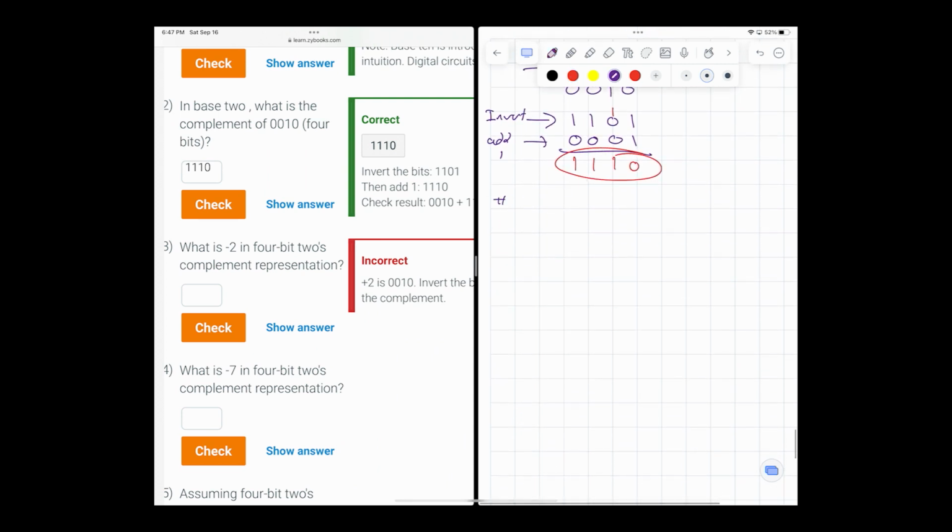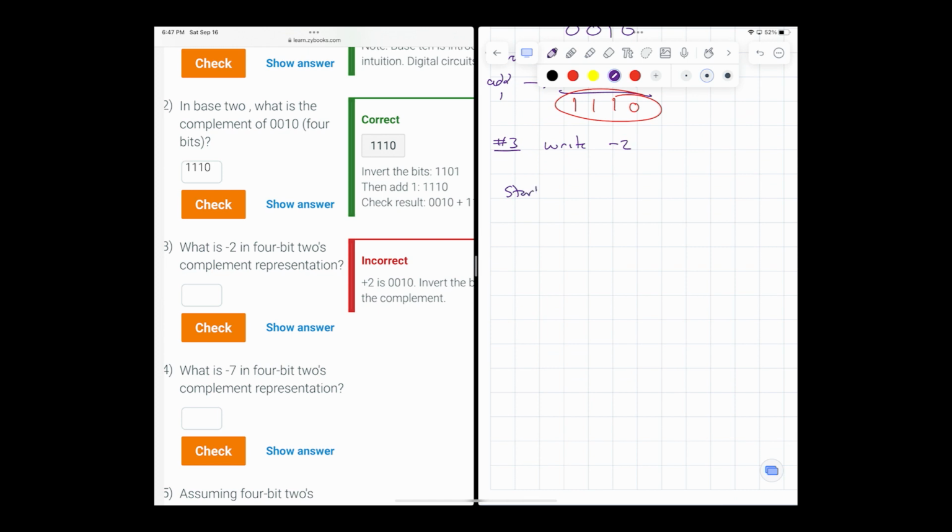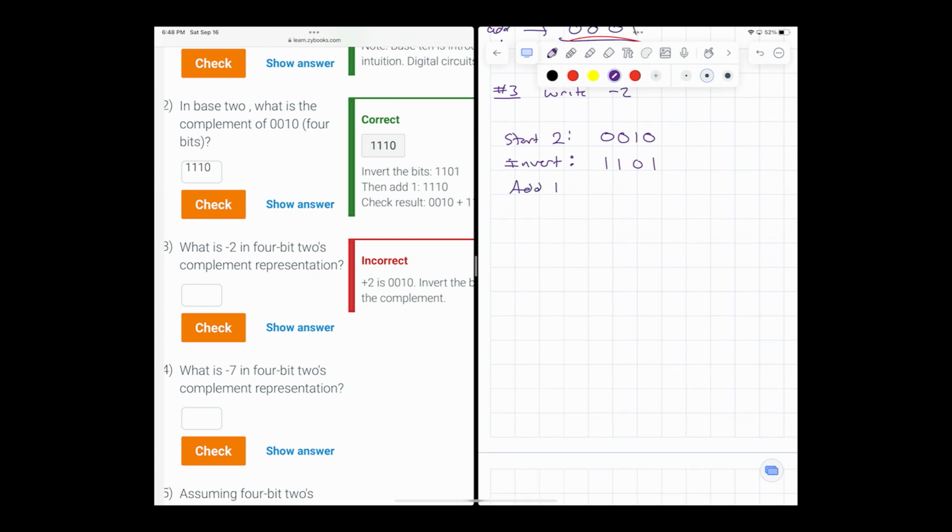So the next one, number 3, what is negative 2 in 4-bit 2's complement representation? So we need to write negative 2. So we start with positive 2, which is going to be that. Hopefully we can get that far. So start with 2, invert the bits, 1, 1, 0, 1, and then we need to add 1. So 1, 1, 0, 1 plus 1. 1 plus 1 is 0, carry the 1. 1 plus 0 is 1.